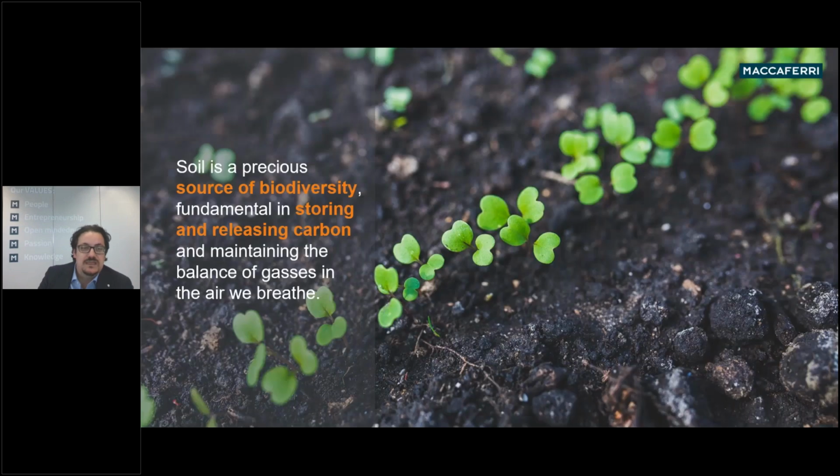So let's begin with something about the vegetation. Vegetation and the source of biodiversity is something fundamental for life in the world, because it stores and releases carbon and also maintains the balance of gases in the air that we breathe.